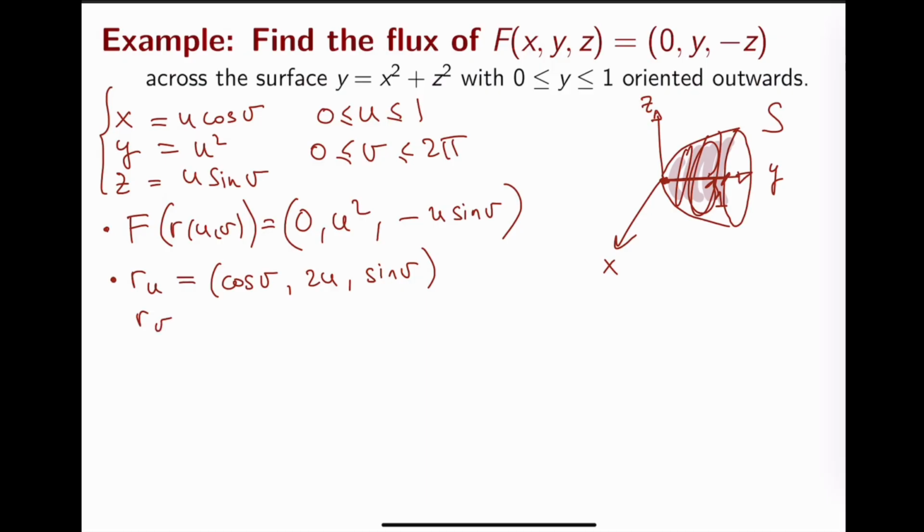And Rv is going to be equal to the derivative with respect to v. u is a constant that goes out, so it's u multiplied by the derivative of cosine, which is minus sine. So it's minus u sine of v. And then the derivative here with respect to v is 0, and then the derivative here with respect to v, as before, is going to be u cosine of v. We need to calculate the cross product of these two vectors.